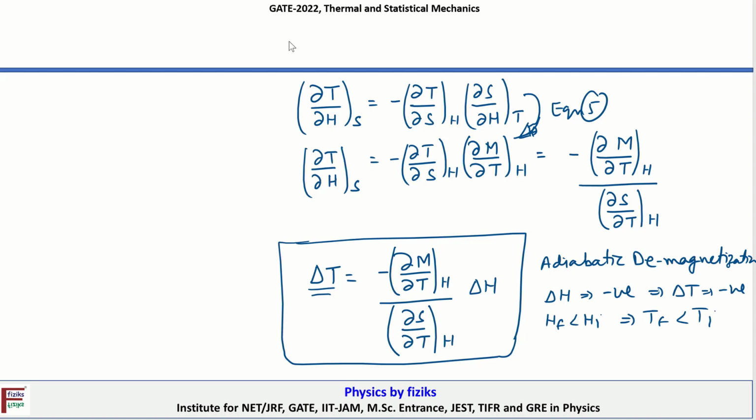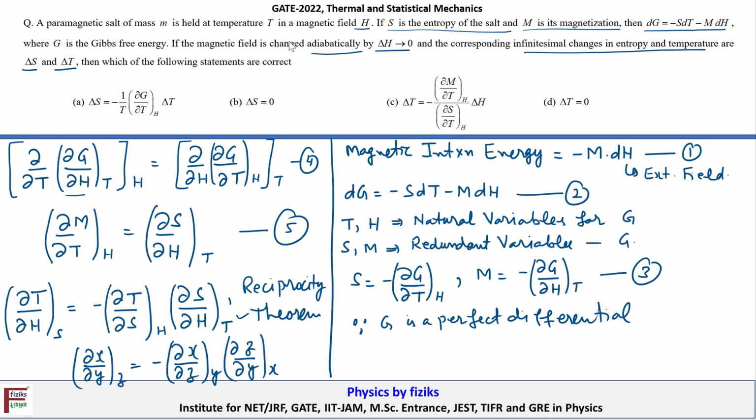Also during this process, because entropy is held constant, the entropy change delta S is equal to 0. So option B is also correct, and option C, which connects delta E with delta H, is also correct. These two options are correct, but delta T is not equal to 0. Delta T is negative in this process.